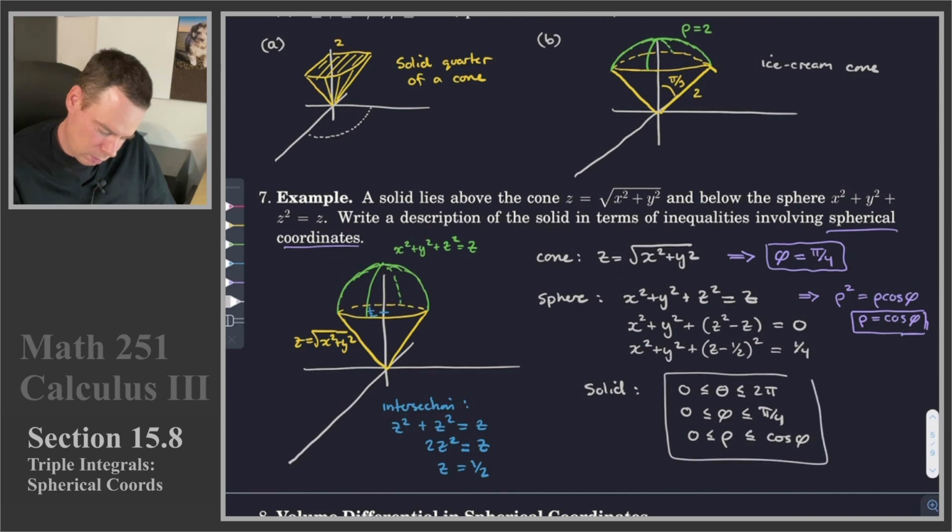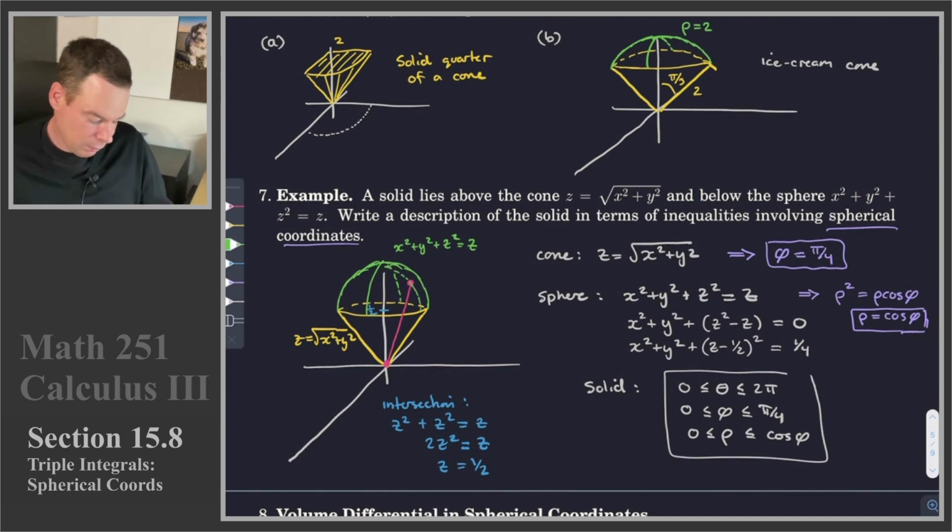So there are our inequalities. If I was to integrate over a region like this, in rectangular coordinates I'd have to use all of those expressions involving square roots and the like, but in spherical coordinates, theta and phi are trapped between two constants, and rho is just trapped between 0 and a cosine.